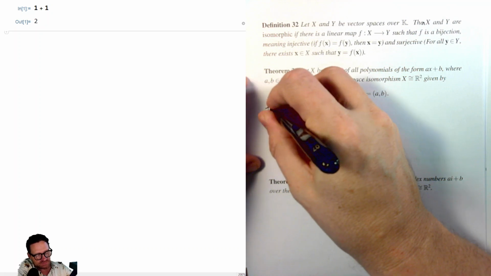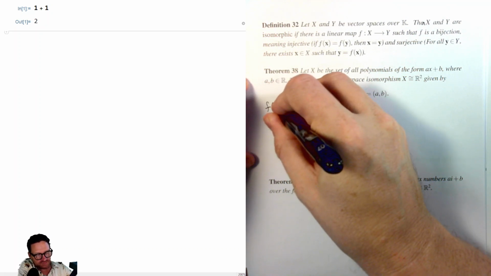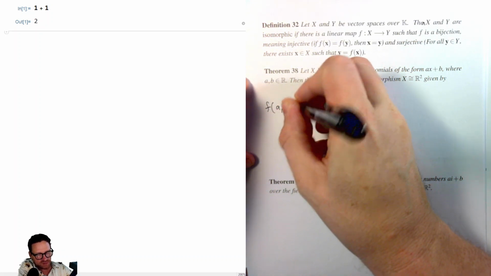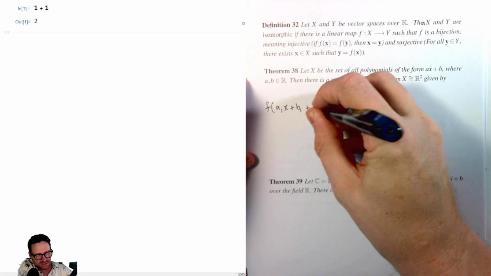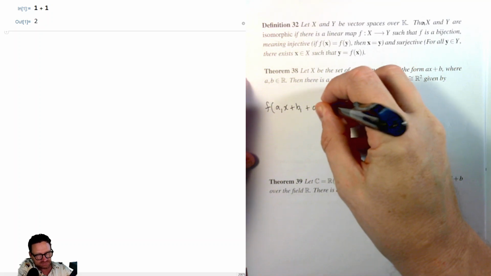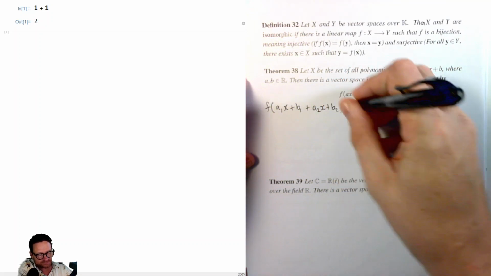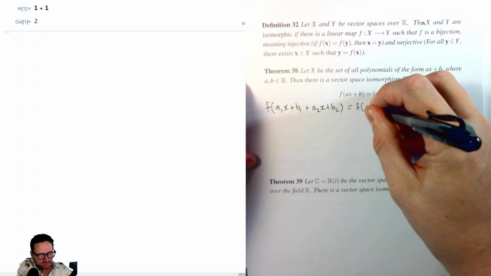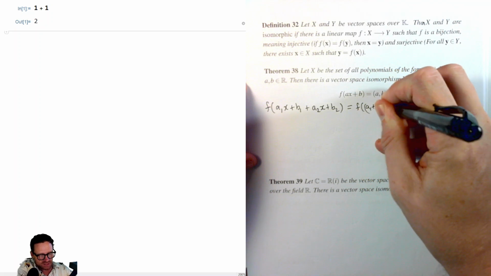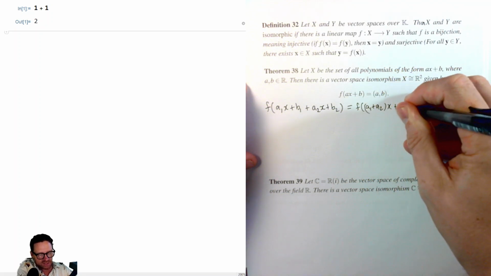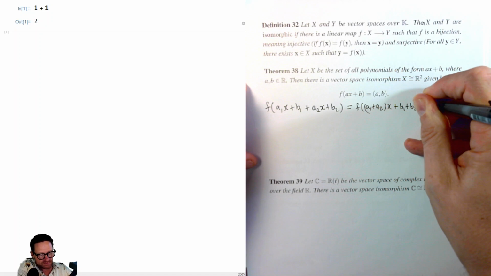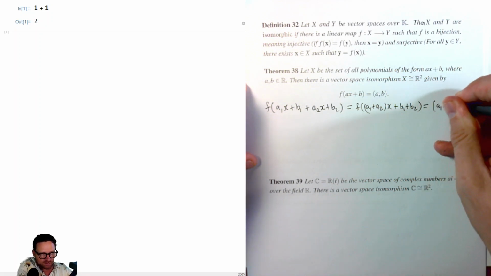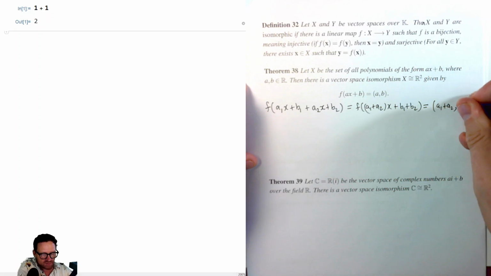So first, f of a1x plus b1 plus a2x plus b2 is equal to f of (a1 plus a2) times x plus (b1 plus b2), and this maps to (a1 plus a2, b1 plus b2).